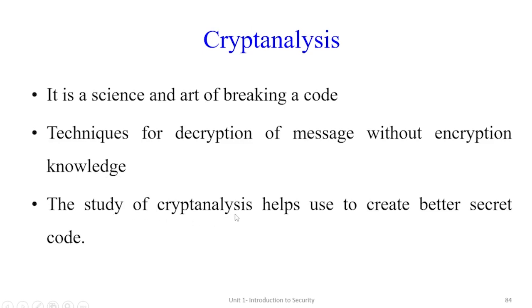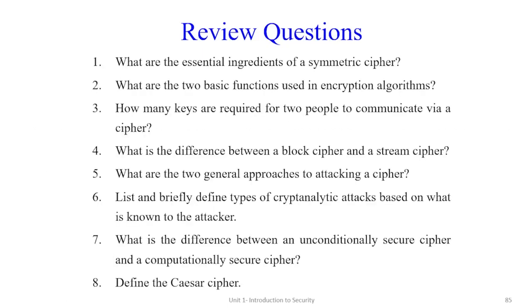Study is needed for cryptanalysis, which helps in breaking the secret code. If you break the secret code, the cryptanalyst may get the key and plaintext. A cryptanalyst is a person who tries to break the secret code. All these four techniques come under modern cryptography.